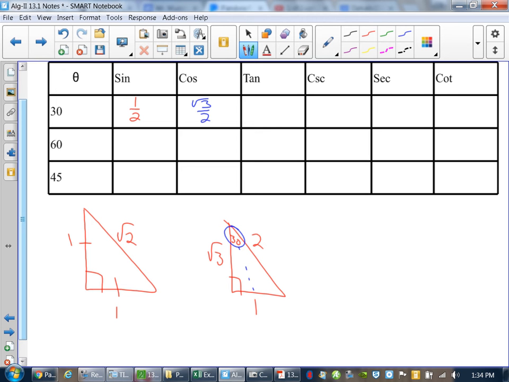What's the opposite of 30? 1. What's the adjacent? I get this 1 over root 3, but is that good? No. Very good. This would equal root 3 over 3.